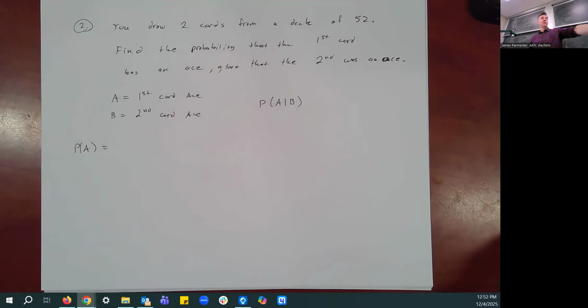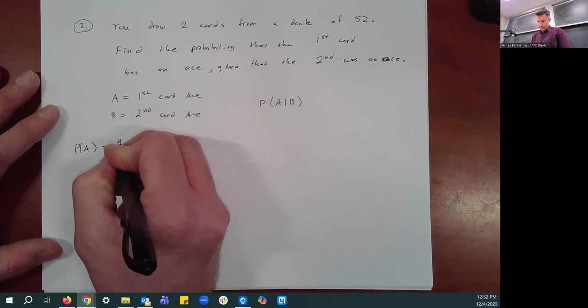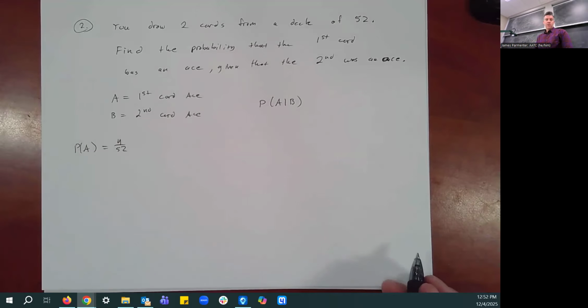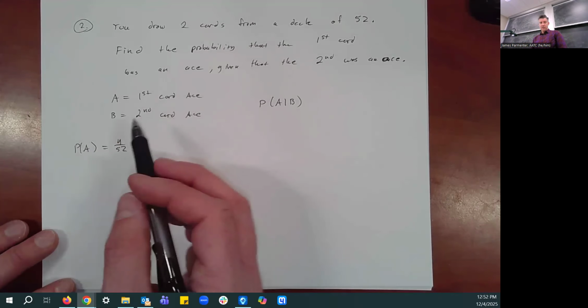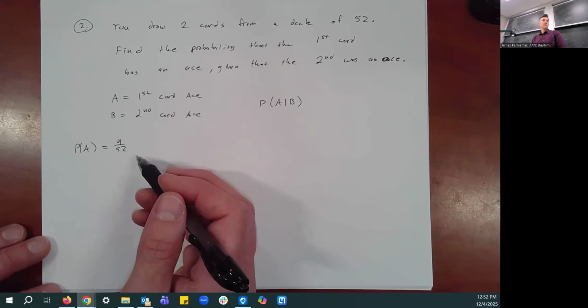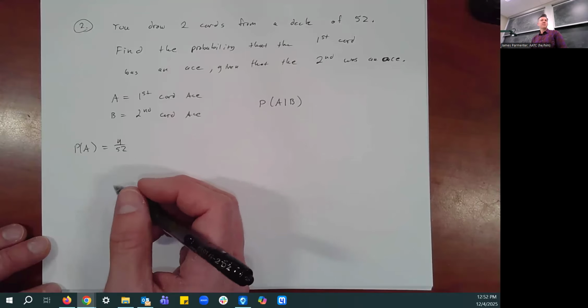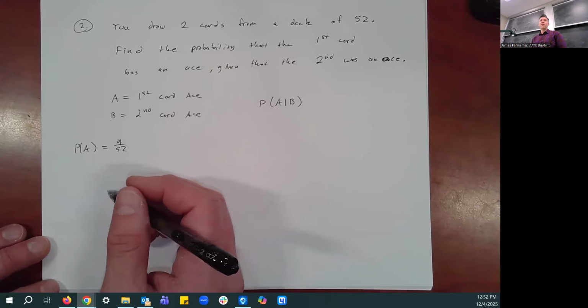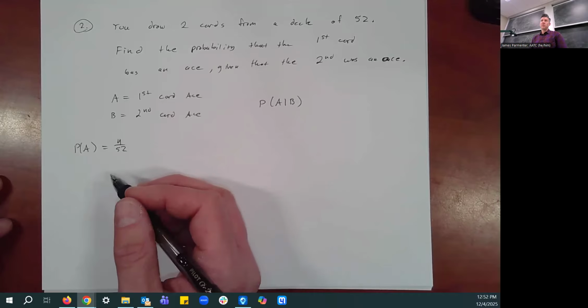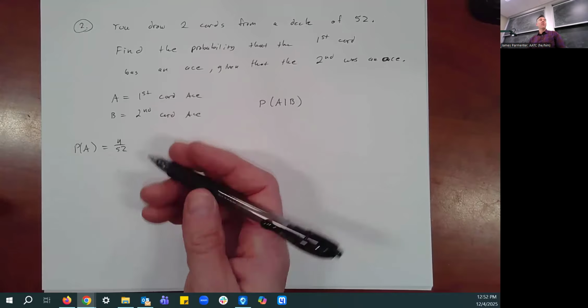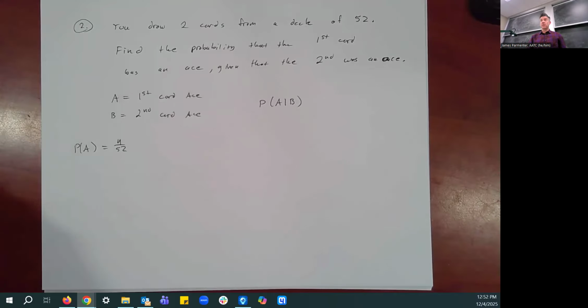There are 4 aces and 52 cards in the deck, so 4 out of 52. Now, the problem is that the probability the second card is an ace, you can't just say it's, well, what out of 51? Is it 3 out of 51 or is it 4 out of 51? It depends on whether or not the first card was an ace.